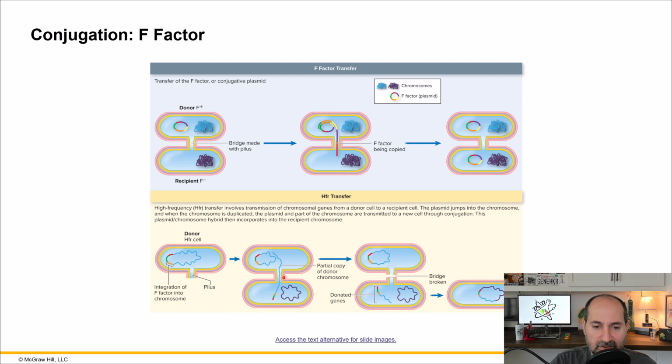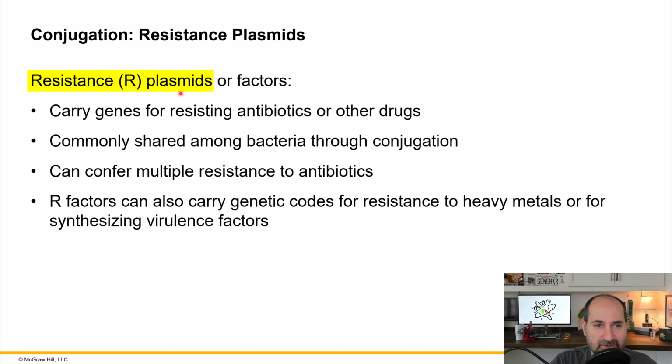And usually not the whole chromosome, but fragments of the chromosome can be shared with an adjacent cell, and then there's this recombination that occurs, and now you have this hybrid organism here with some of the genes of the donor.